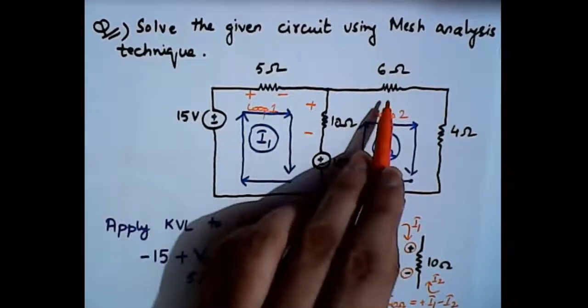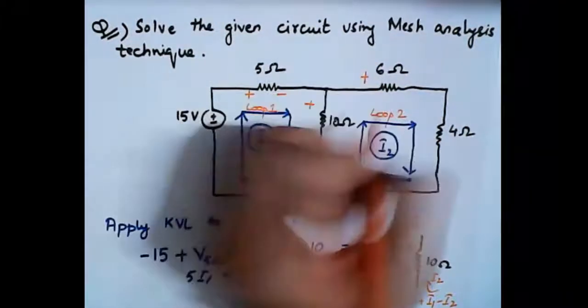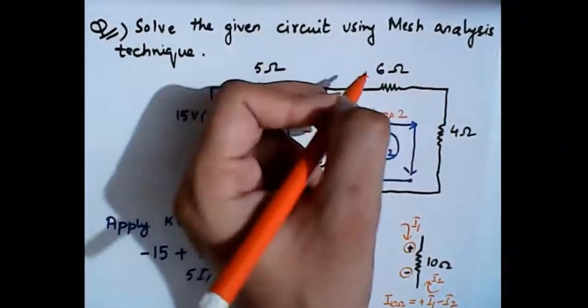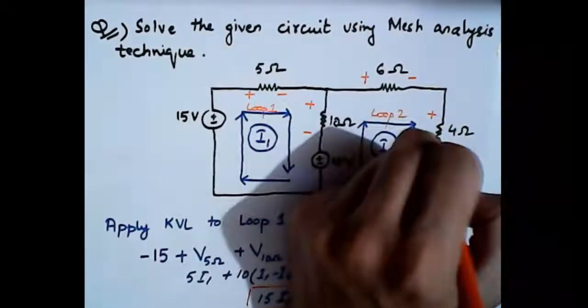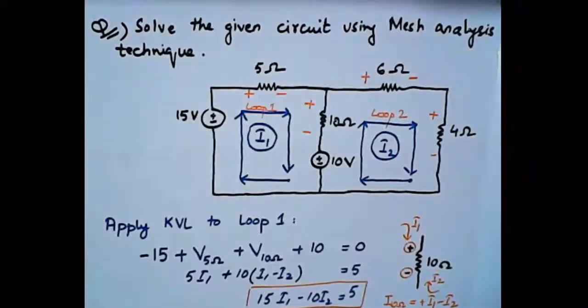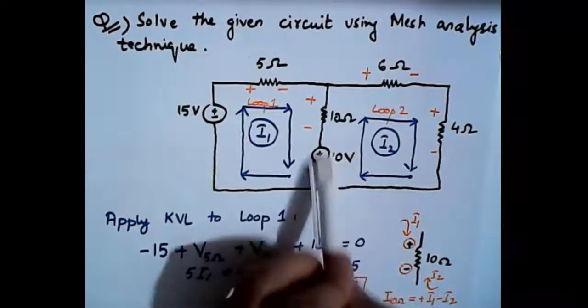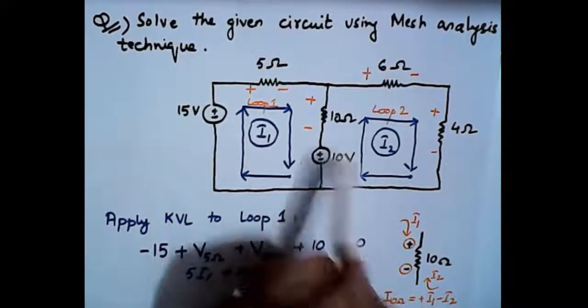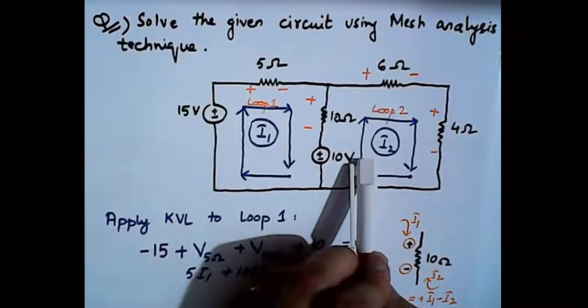And yes, for the 6 ohm resistance the polarity is not marked, so we will consider that the current is entering the positive terminal and leaving the negative. The same will be the case for the 4 ohm resistance, right? So if we apply KVL to this loop, starting from this point, the first voltage that we will encounter is the 10 volts, and since the current is entering the negative terminal, its voltage will be minus 10 volts.